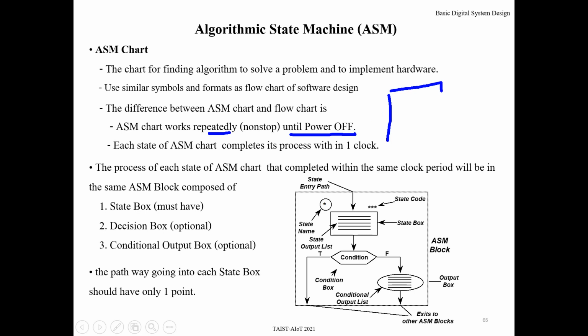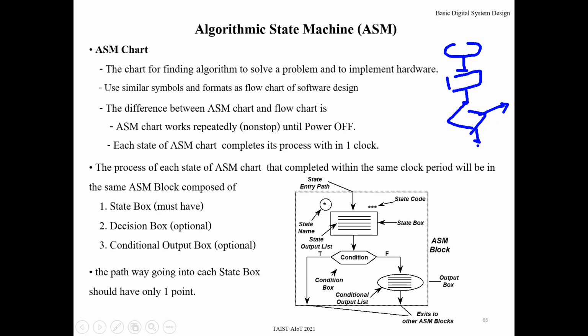Namely, if your circuit has a power supply, it will work all the time. For software, you start, do something, maybe have some decisions, yes or no, and then end. But for a state machine or ASM chart, there is no stop.